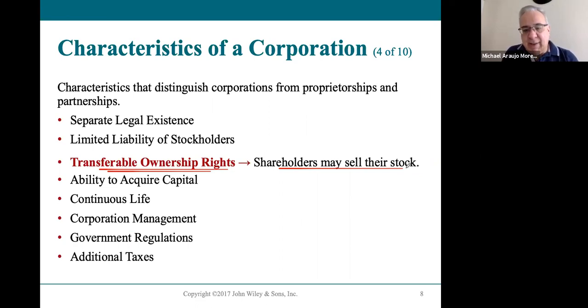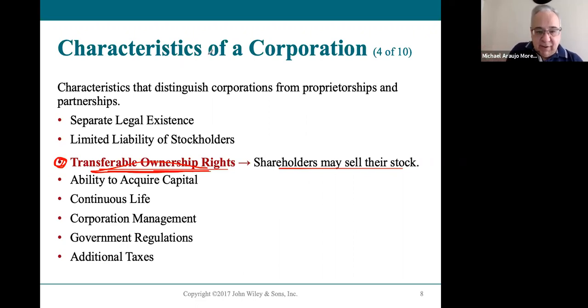And that happens all day long on the stock market. The wonderful thing about that is just because the owners have changed doesn't mean the company has changed, because in a corporation, the management of the company is separate from the owners of the company.